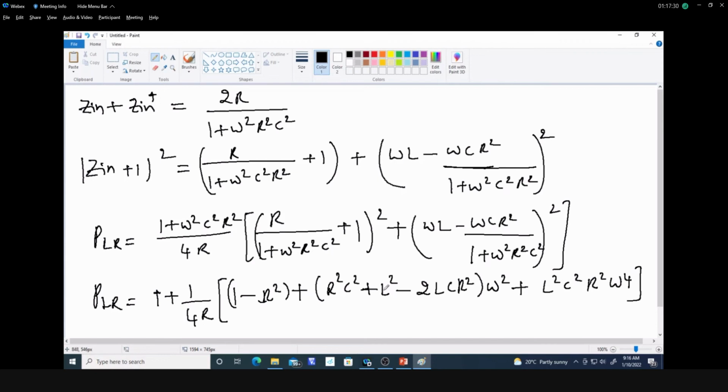Now in the above equation we have taken the polynomial in ω².